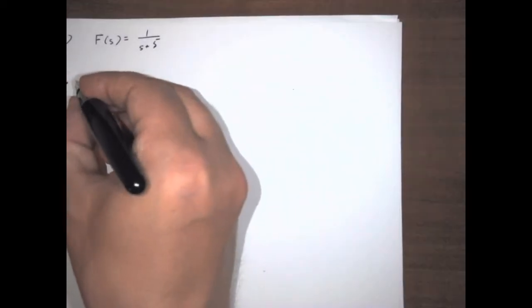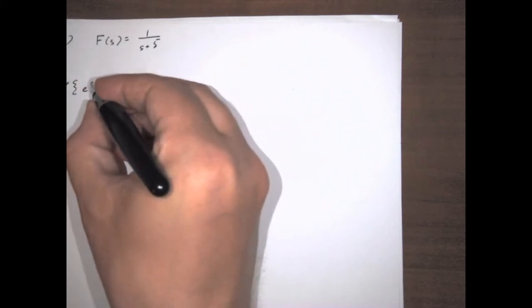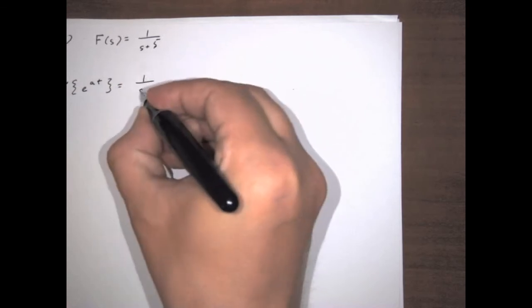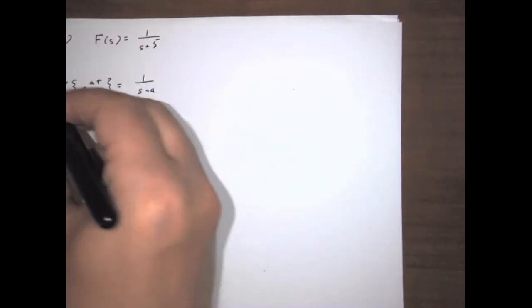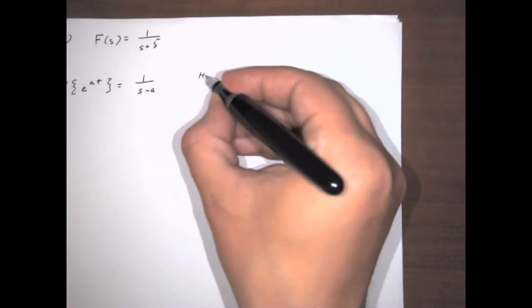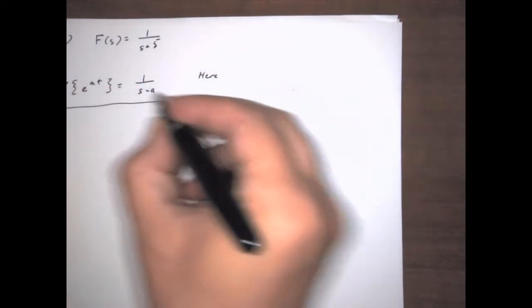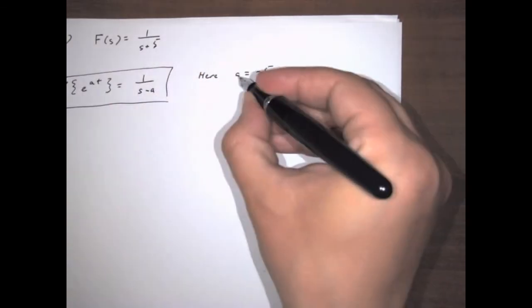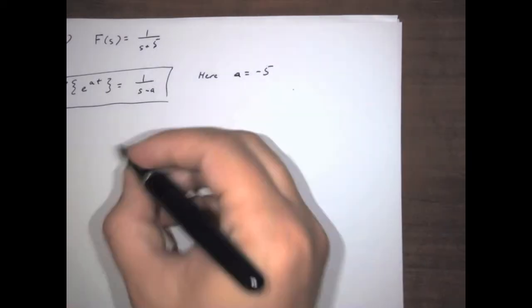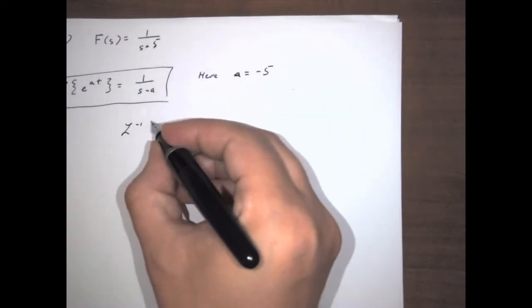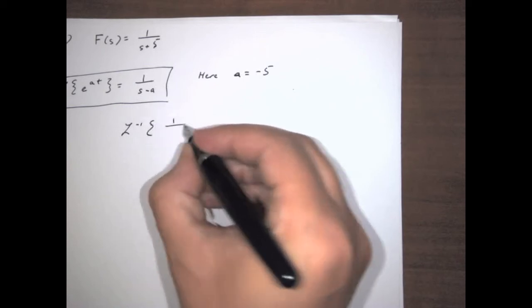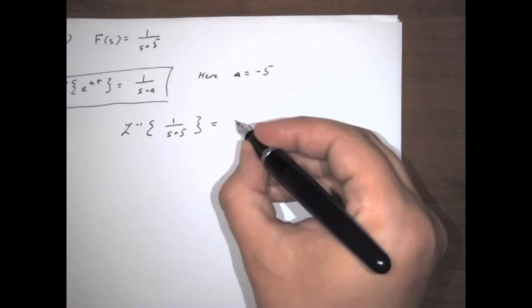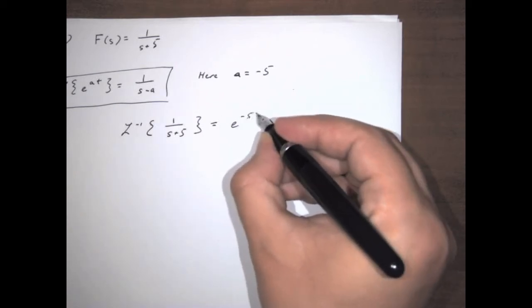So the Laplace transform of e to the at is equal to 1 over s minus a. And so here we're talking about a equals negative 5. So the inverse Laplace transform of 1 over s plus 5 would be equal to e to the negative 5t.